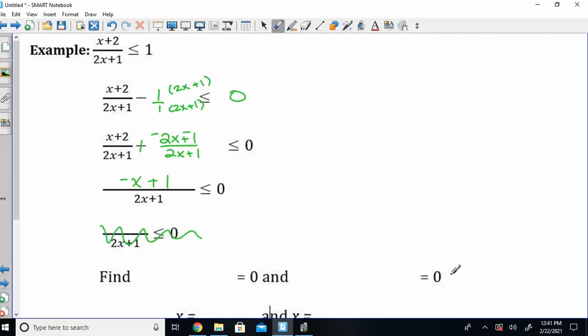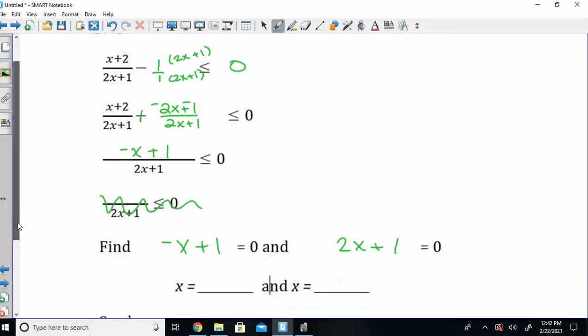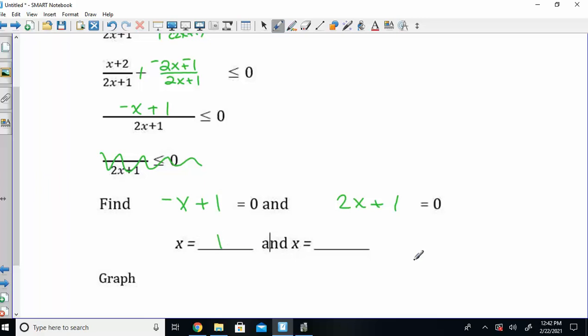Okay, so then we set the top equal to 0 and the bottom equal to 0. If I add over my x, I get x equals a positive 1.